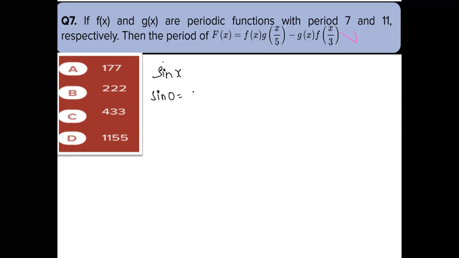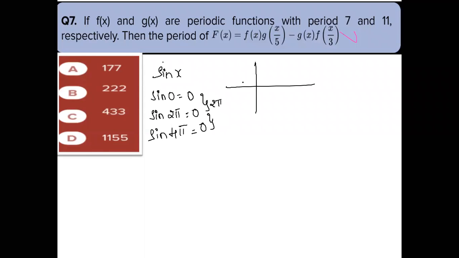It is 0. What is sine 2 pi? It is also 0. Sine 4 pi is also 0. So after every 2 pi interval, the value repeats itself.